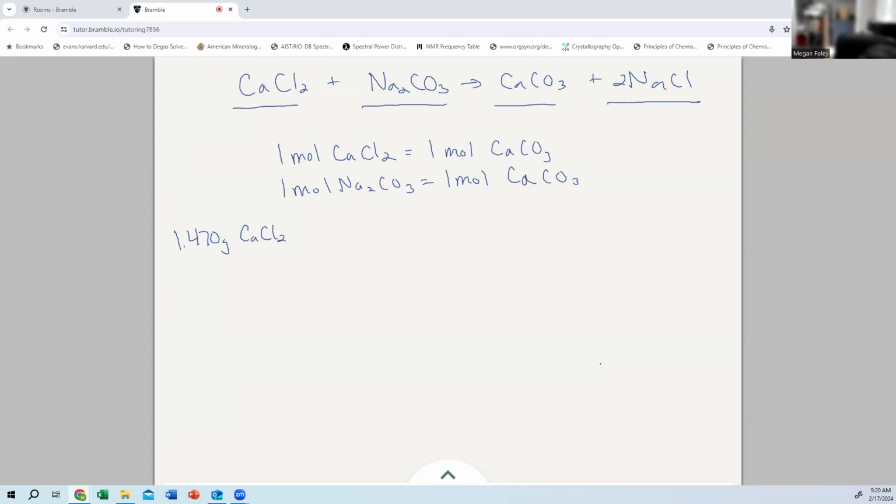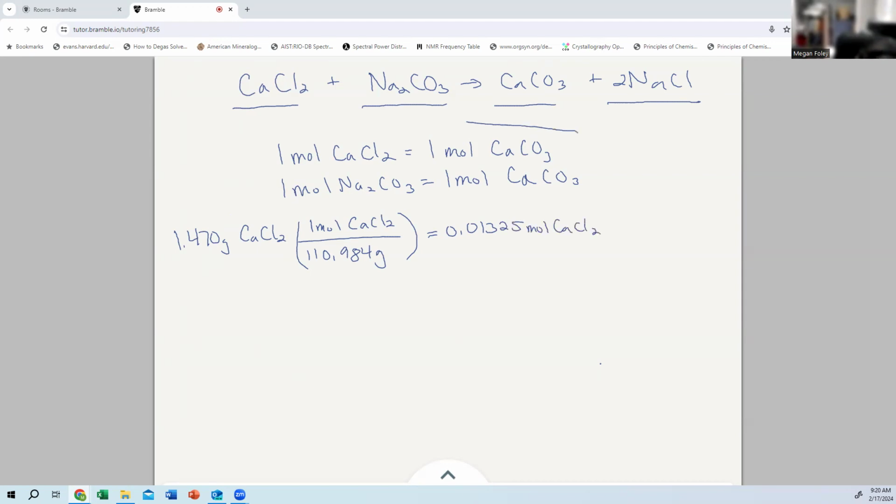of 110.984. So we're going to convert this into moles by dividing by our molar mass, 110.984 grams. Which gives us 0.01325 moles of CaCl2.